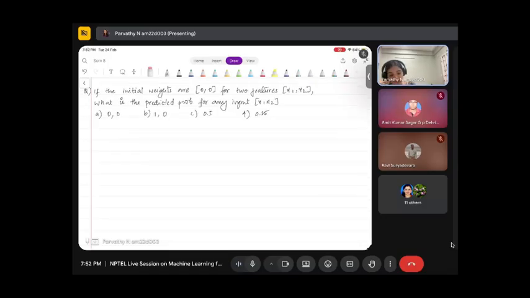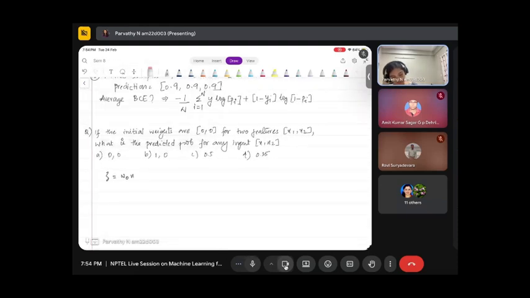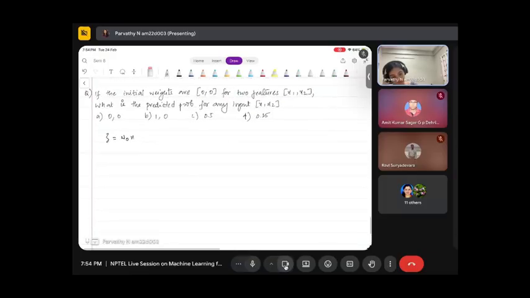For this question, what is the answer? Yes, so Z is equal to W0, W1 x1 plus W2 x2.